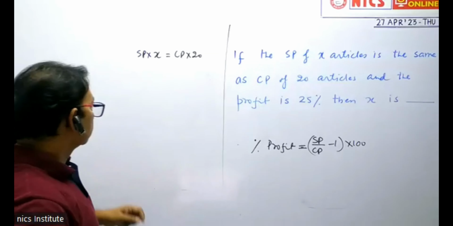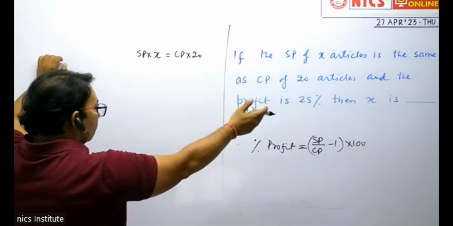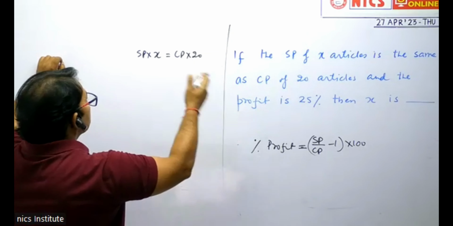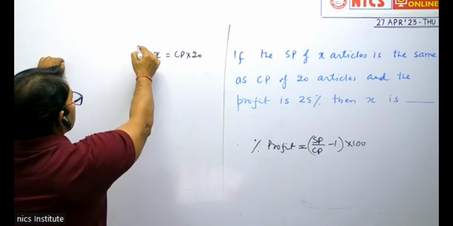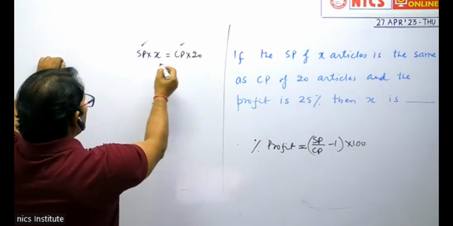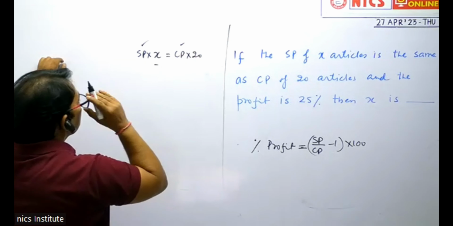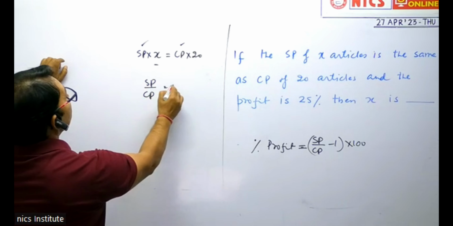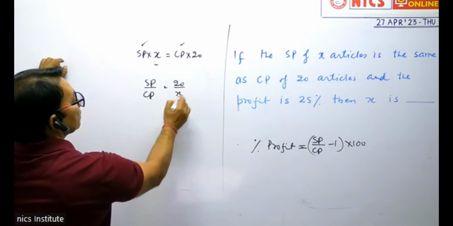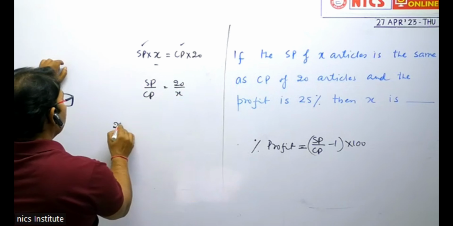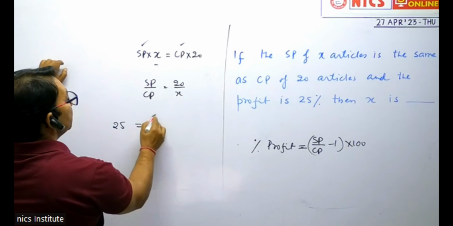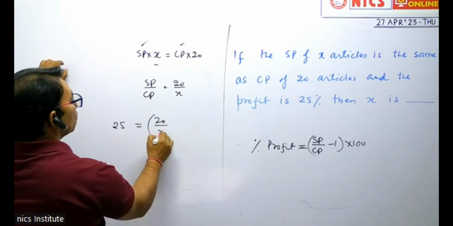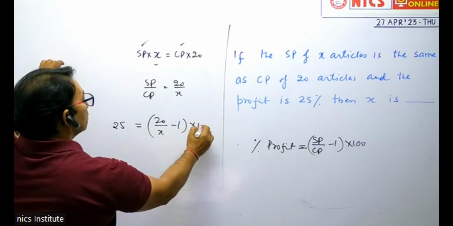Anjana, if there's a profit of 25%, that means the sell price has to be more. When the sell price is more than the cost price, X has to be less than 20. So from here you can find SP by CP, which would be 20 by X. The profit percentage 25% equals SP by CP minus 1 into 100, which is 20 by X minus 1 into 100.